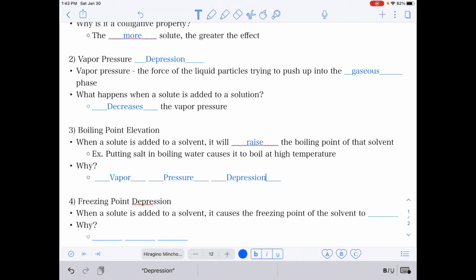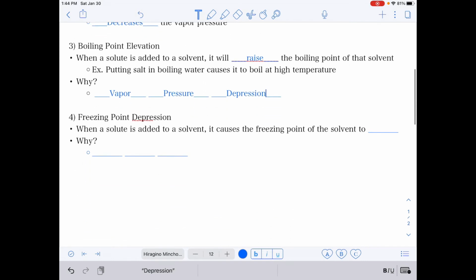And if you also think about this logically, right? If you have all these solute molecules blocking the top and the solvent molecules are having a harder time or a slower time getting out, you're going to have to increase the temperature in order to make it boil to compensate for the decrease in pressure, right? So hopefully that makes sense. If not, I can always explain it again if you just leave a comment or email us.